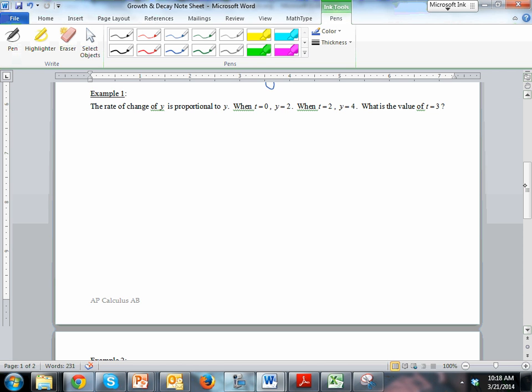Well, that tells us that we know y equals c e to the kt. They give us some information. When t is 0, y is 2. When t is 2, y is 4.